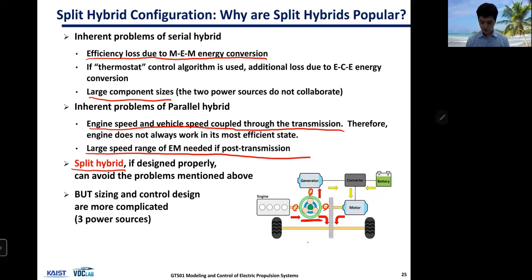By the way, this is a Toyota hybrid system, but there are other types of split hybrids. So by doing this, you actually can reduce the size of the generator and the motor, because you can actually have mechanical power flow this direction, and only part of your engine power travels through the electrical path. Okay.